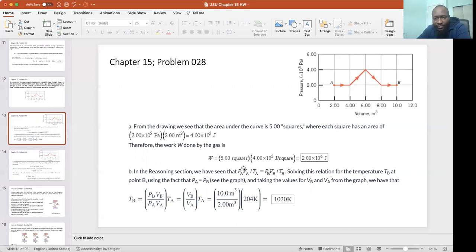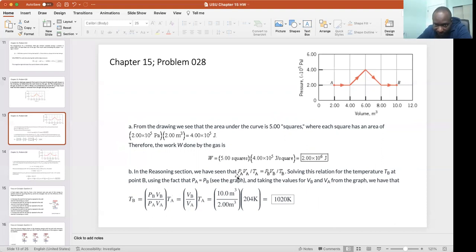Then we have that PAVA over TA is PBVB over TB. Solving for TB and using the fact that PA equals PB according to the graph, and taking values for VB and VA from the graph, TB is PBVB times TA divided by PAVA.